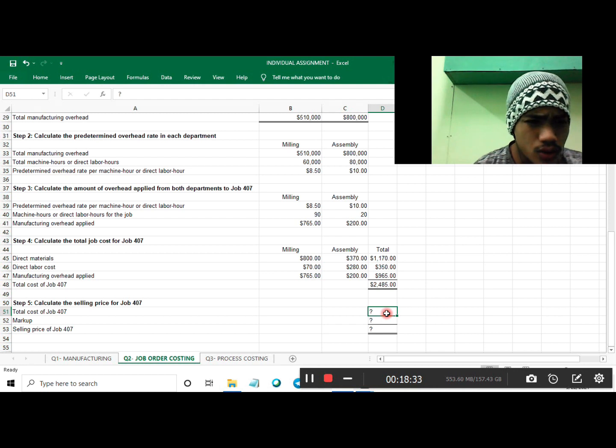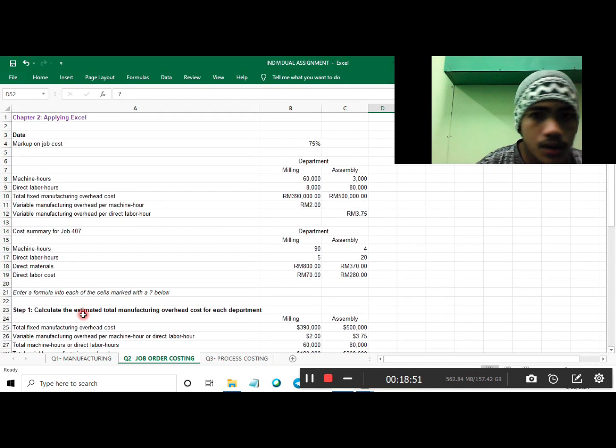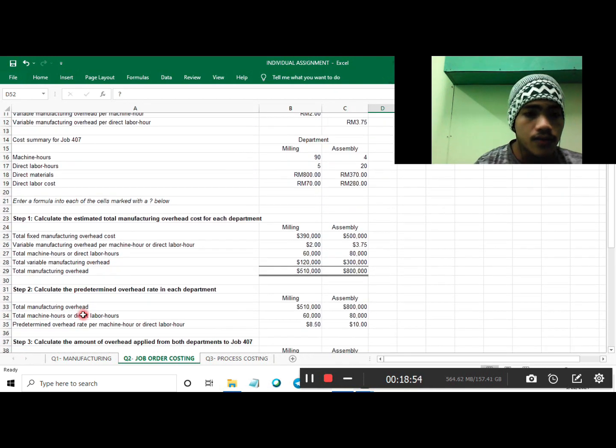So step 5, calculate the selling price for job 407. For the total cost of job 407, we just take the last answer from step 4, 2,485 ringgit. And then the markup is 75%.